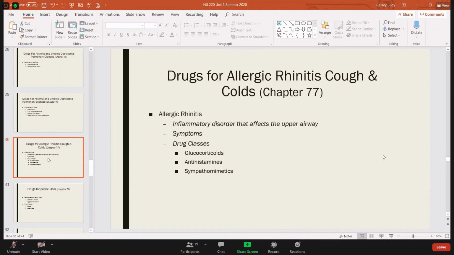When you look at the drug classifications, you have your glucocorticoids again, which typically are in intranasal medications, your antihistamines, which are oral or intranasal medications, and then you have the sympathomimetics, oral and intranasal types of medications.